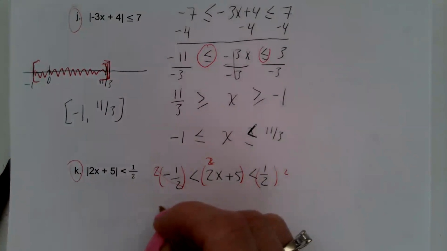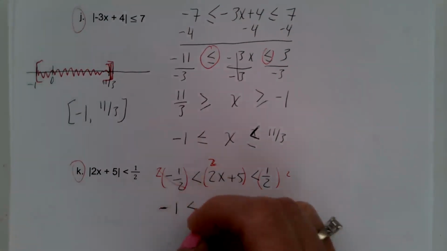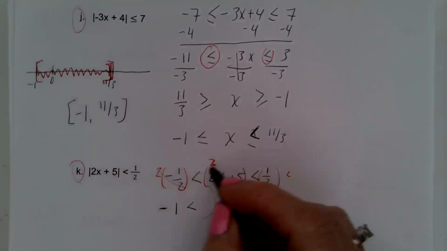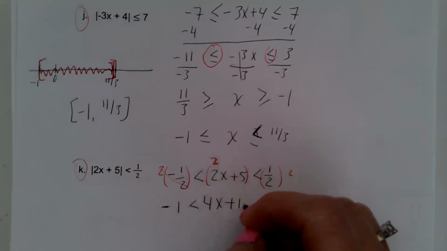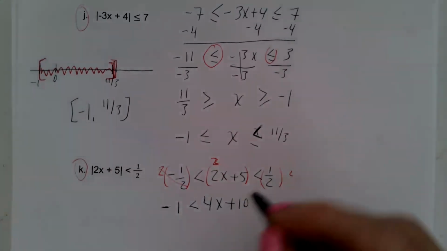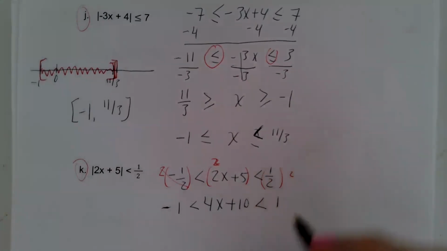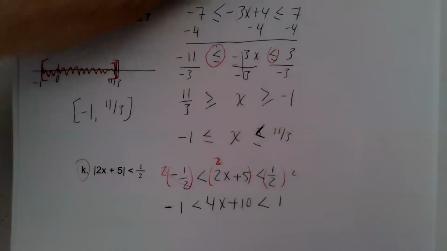So this will become a negative 1 less than, and then this expression is going to get doubled. So 4x plus 10 less than 1, because I had to distribute the 2 to the parentheses here.